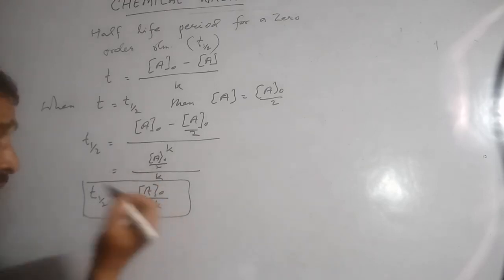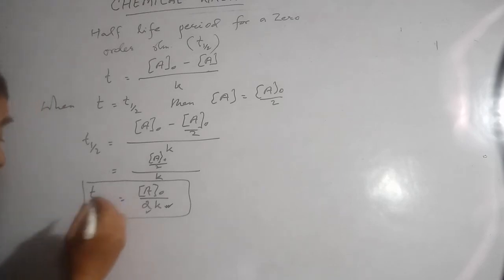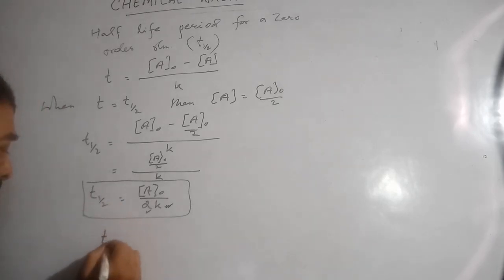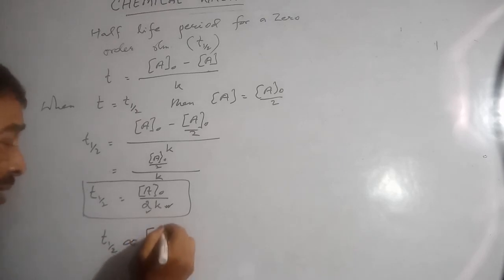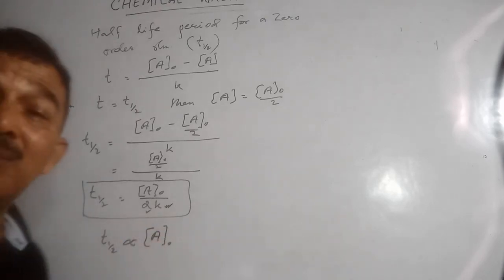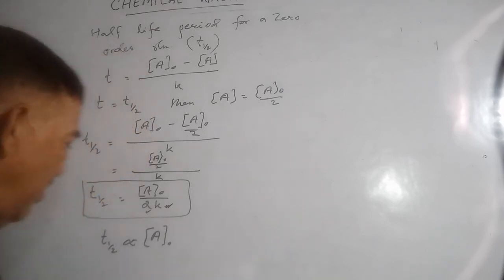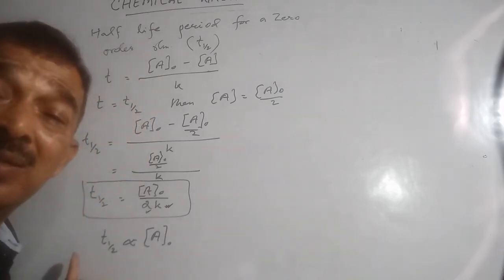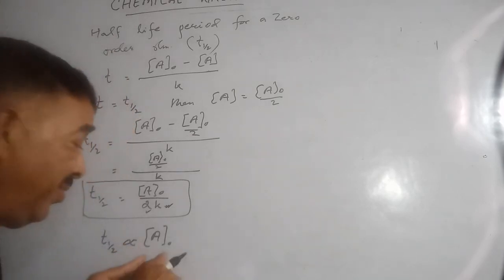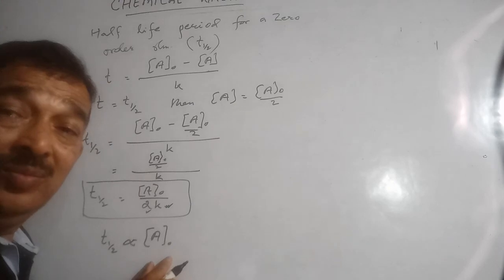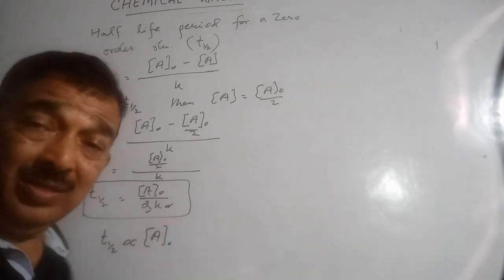Now 2 is constant, K is also constant, so we can write T half is directly proportional to the initial molar concentration of A. What does it mean? It means that the half-life period of a zero order reaction is directly proportional to the initial molar concentration of the reactant.